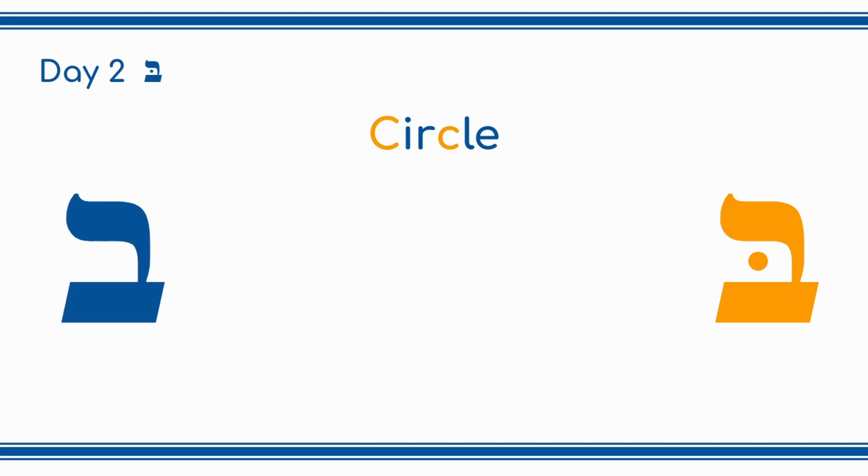So S and K, circle. That sounds kind of weird, and it's one of the annoying things about English, that you won't know when the letters are changing sometimes. You just gotta memorize it. And you're probably thinking, wait, does that mean you have to memorize it for the letter Bet? The answer is no, you don't have to memorize it for Bet, because we're going to take a look at why.